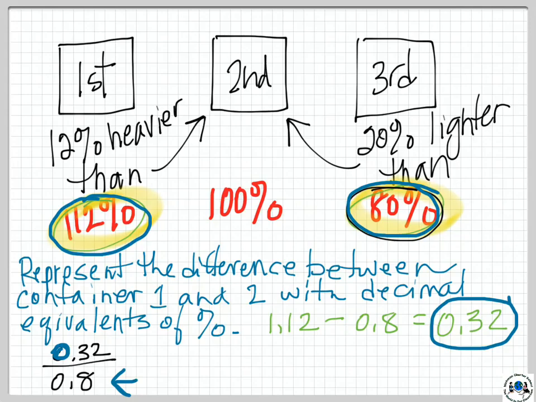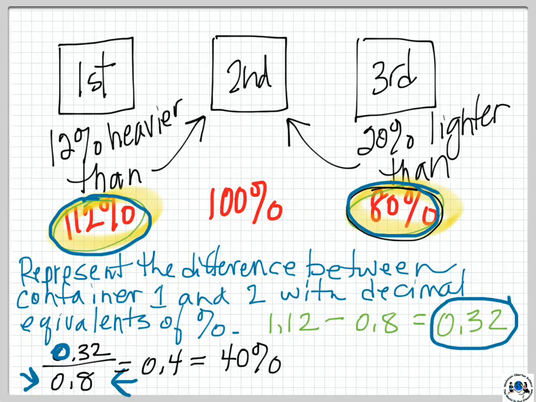What percent heavier is 1 than 3? Again, than 3. So 3 becomes our whole, and as a result it becomes our denominator in our equation. And that equals 0.4 or 40%.